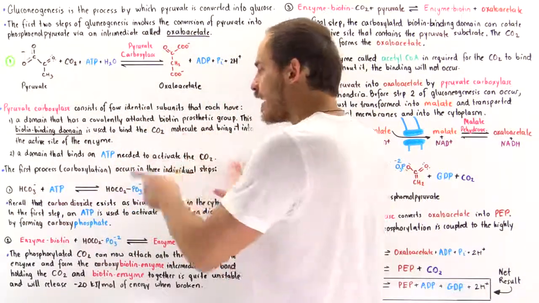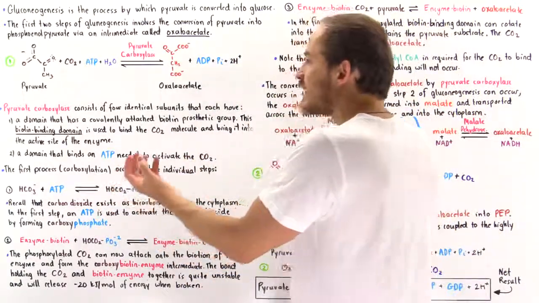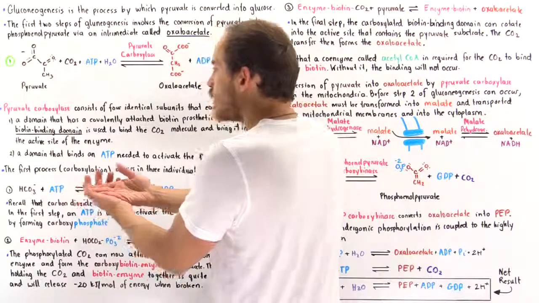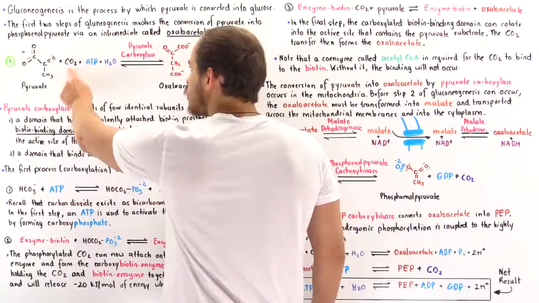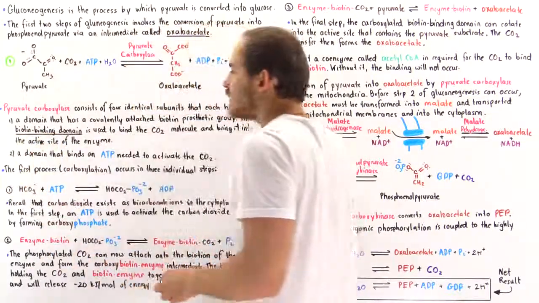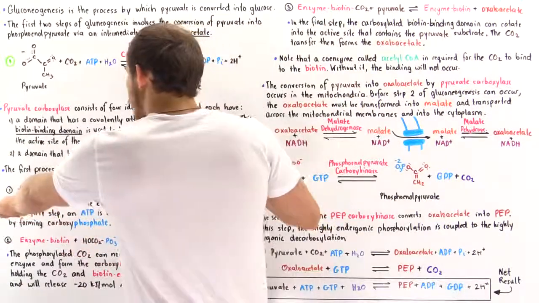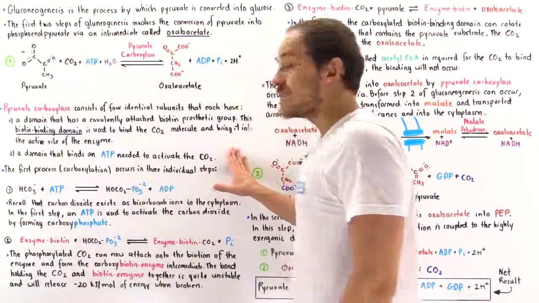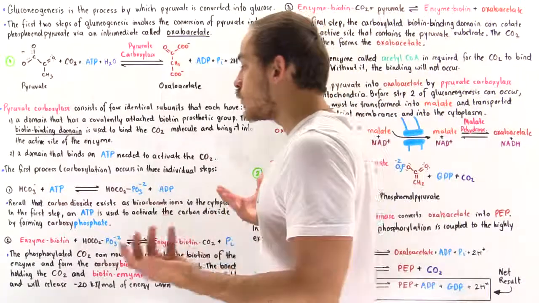And the reason we have to carry this step out is to actually prepare that molecule to bind that CO2 molecule onto that biotin. Because without this step, the CO2 would simply not be able to bind onto that biotin binding site of that enzyme. So once again, recall that carbon dioxide exists as bicarbonate ions in the cytoplasm and in the fluids of the body.